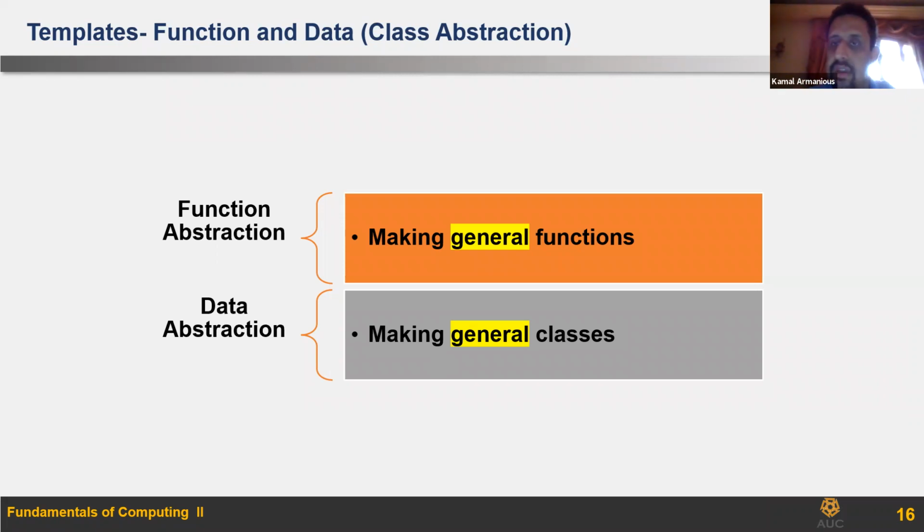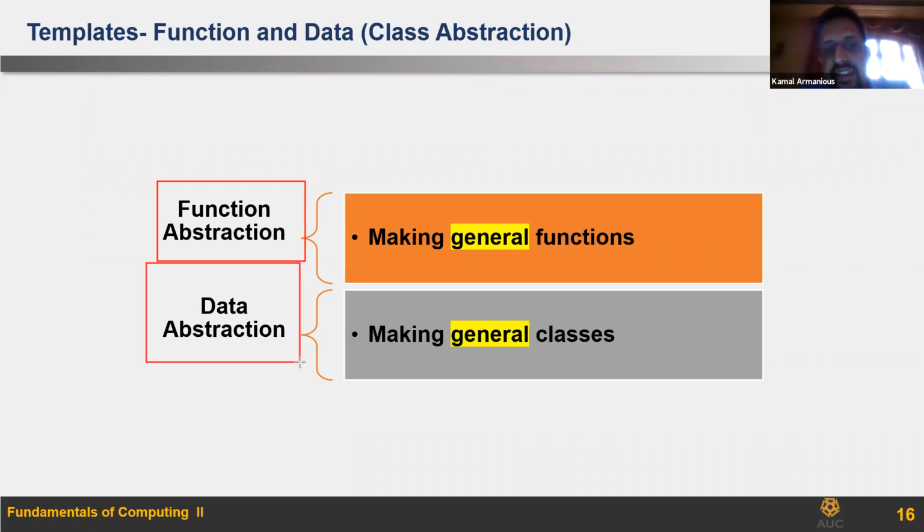Templates also apply for two things. First, what's so-called function abstraction. And second, what's so-called data abstraction. You remember, and you should always remember, that the class is a data type and the object is a variable of this data type.